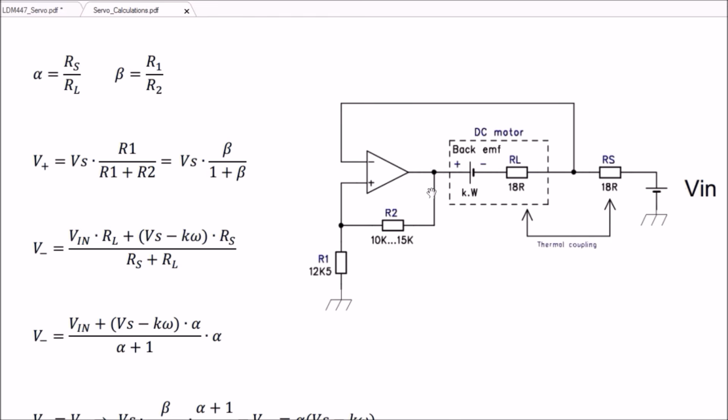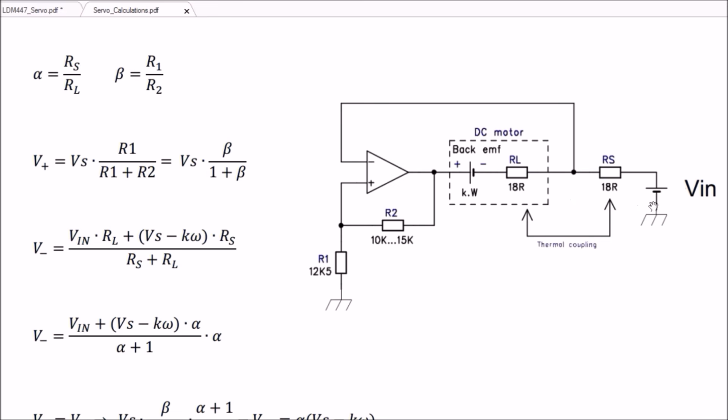The idea is to calculate these two voltages here, the non-inverting input voltage and the inverting input voltage. First, for the non-inverting input voltage we have this equation, it's a simple voltage divider. And for the second voltage, we can use the superposition theorem.